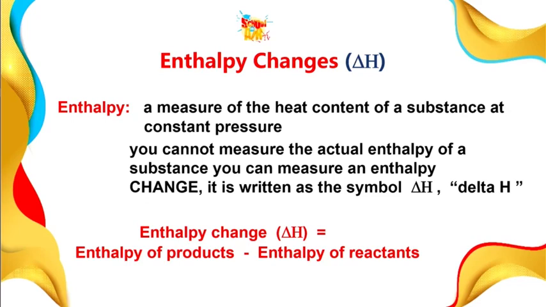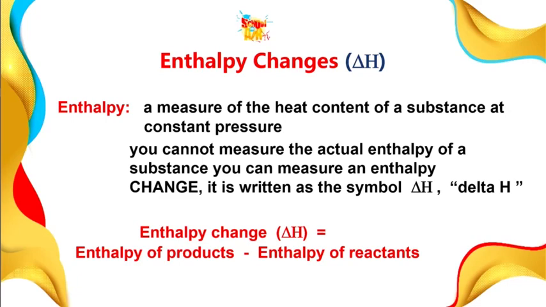We have been mentioning heat from the beginning of the lecture. Now, how do we measure this heat? The term we use in measuring this heat is enthalpy. You cannot measure the actual enthalpy of a substance, but you can measure an enthalpy change.